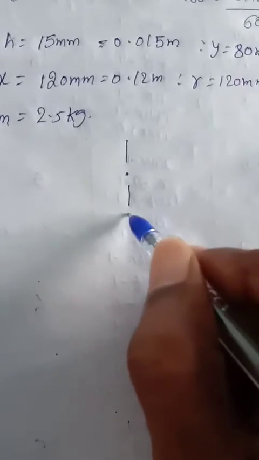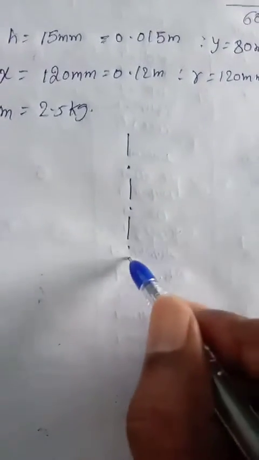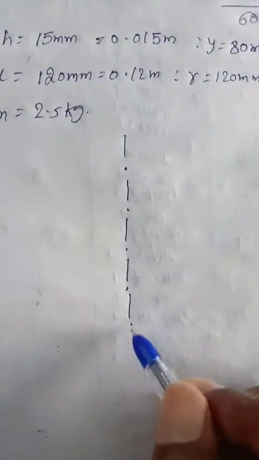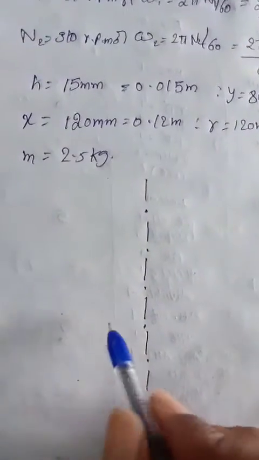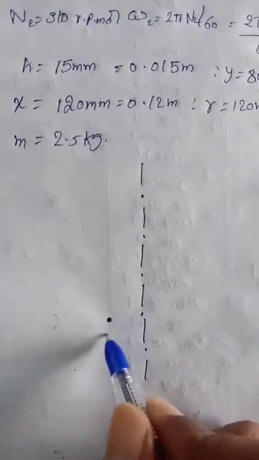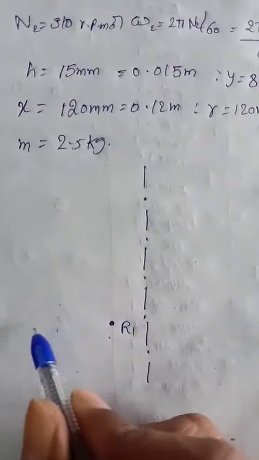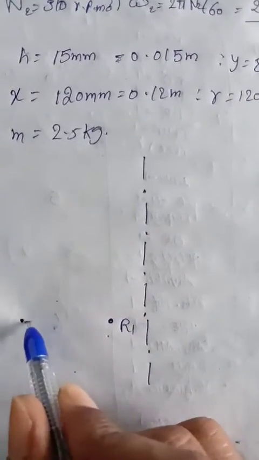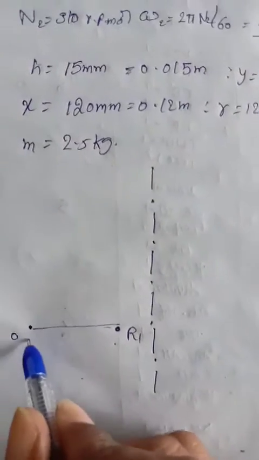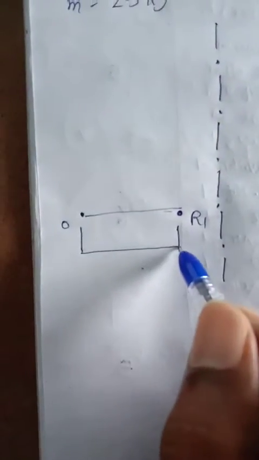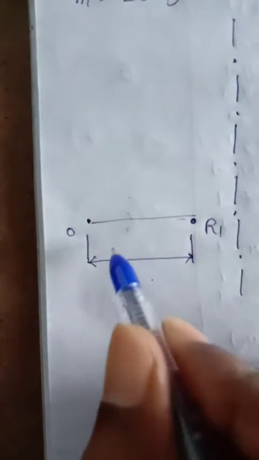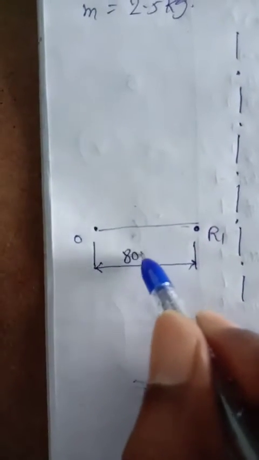the axis, first the lowest position and highest position diagrams. So this is given for 90 degrees.